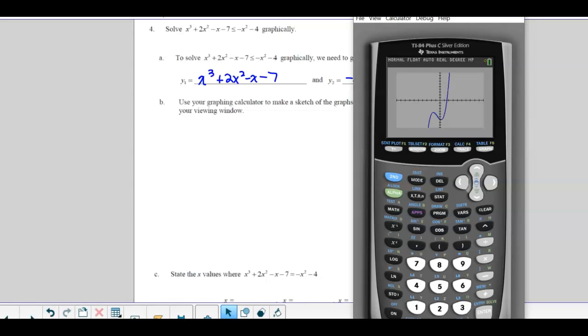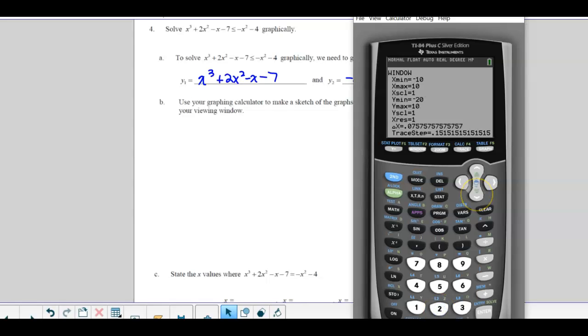Okay, I've used a standard screen. So graph it first and see if you need to change your window or not. So notice how I can see that it intersects twice there. Not sure what happens down here. So I'm going to go to my window and I'm going to change my Y min, maybe to, let's say, negative 20.